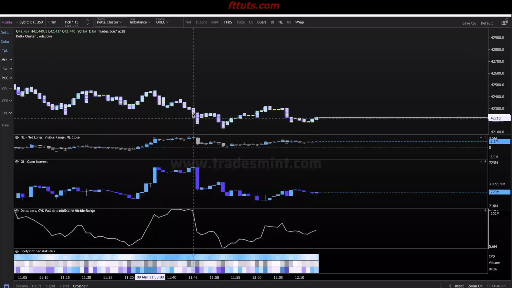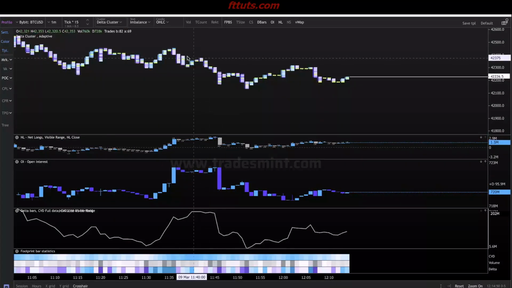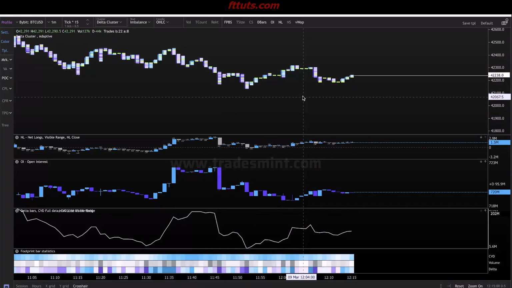Right here, guys, here's what we see. The price is making a lower high, but over time, CVD is getting higher. And what was the result of that? We got some movement to the downside.